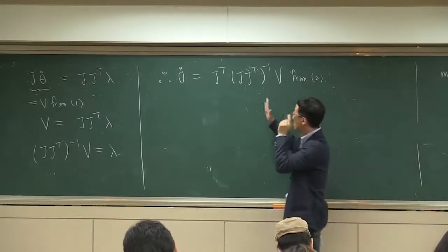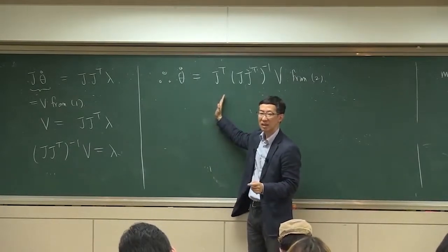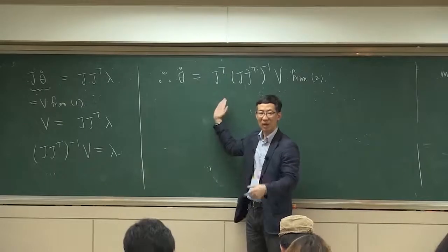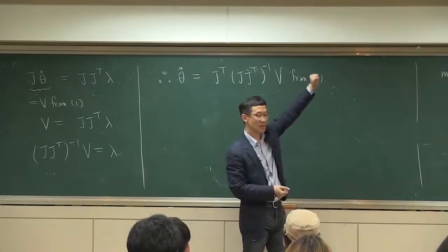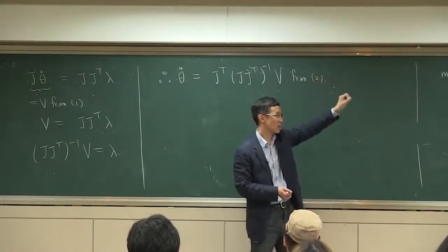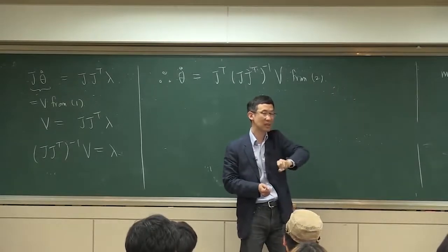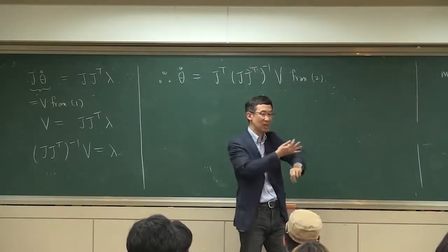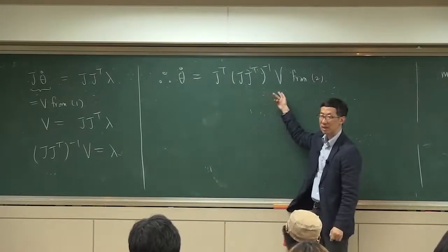So here's one way to solve the inverse kinematics in this optimal way. If I have this tracing task, I want this end effector to follow this contour, this path in space, and I have many redundant joints, here's one way to find it.